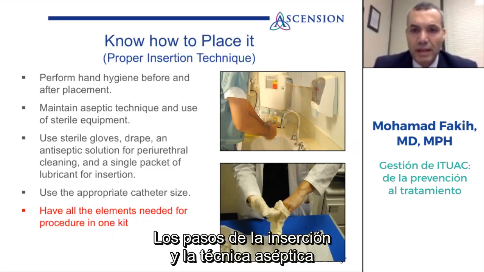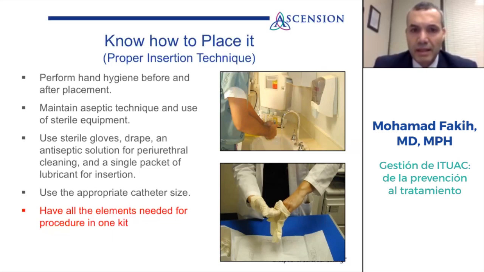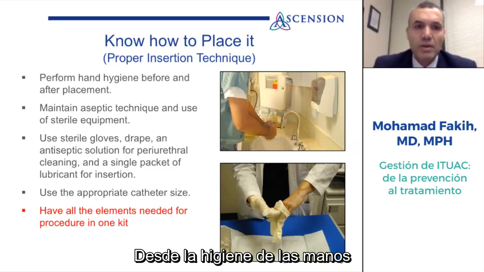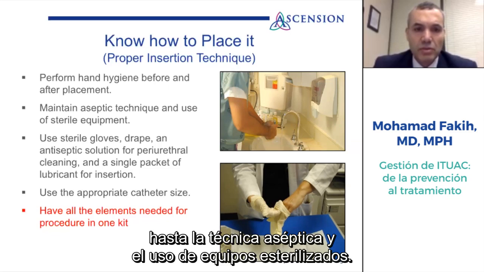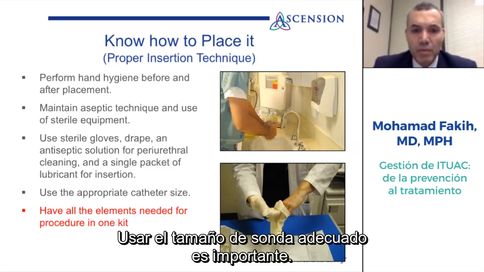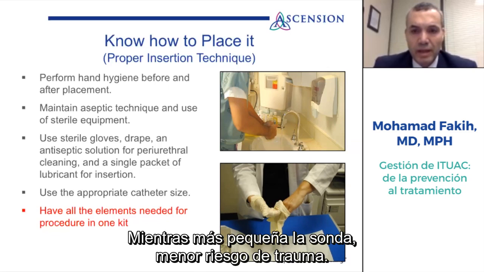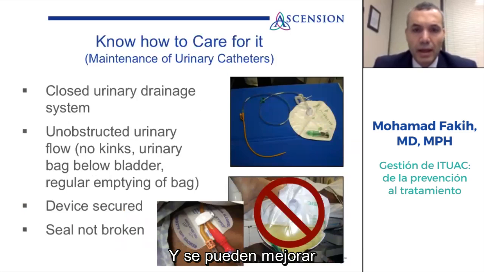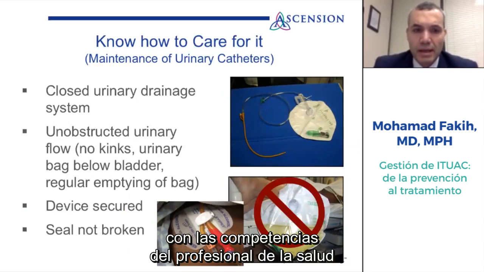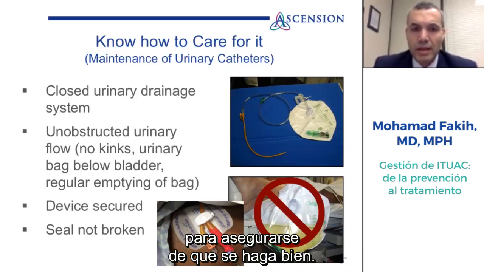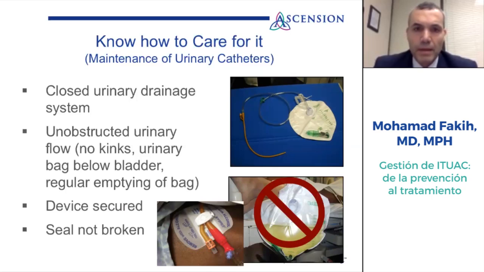Make sure that the steps for insertion and keeping it in aseptic technique are complied with, from hand hygiene to aseptic technique and use of sterile equipment. Using the appropriate catheter size is important. The smaller the catheter, the less risk for trauma. And what you can do is work on competencies for the healthcare workers to ensure that this is done well.